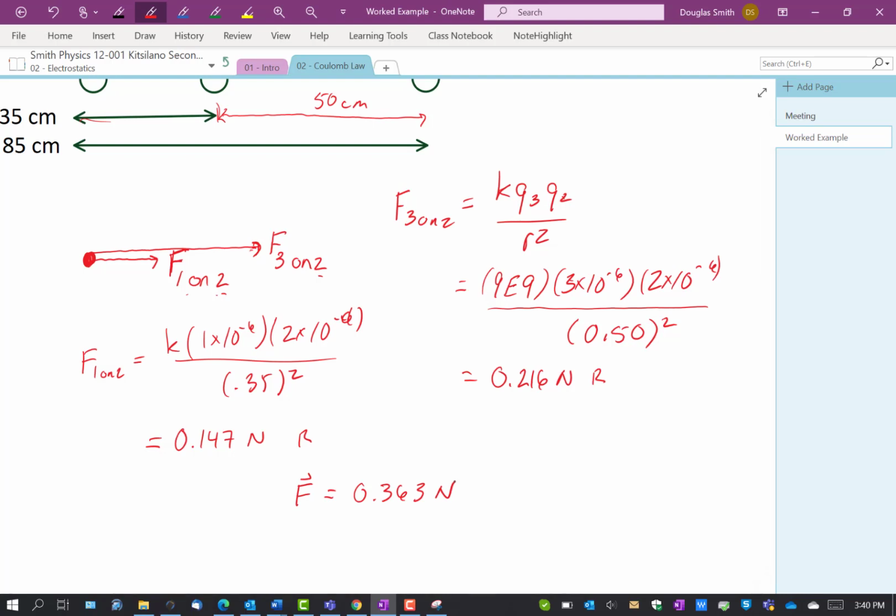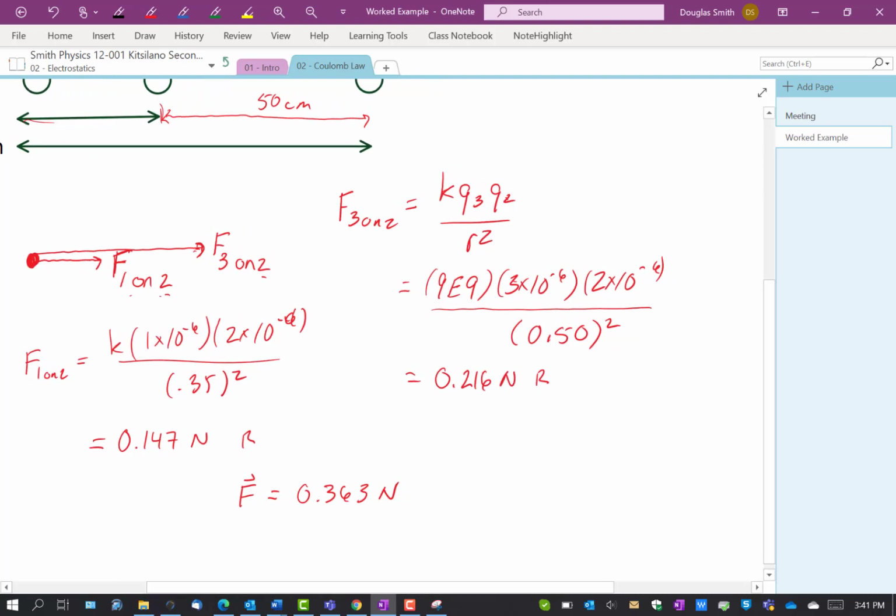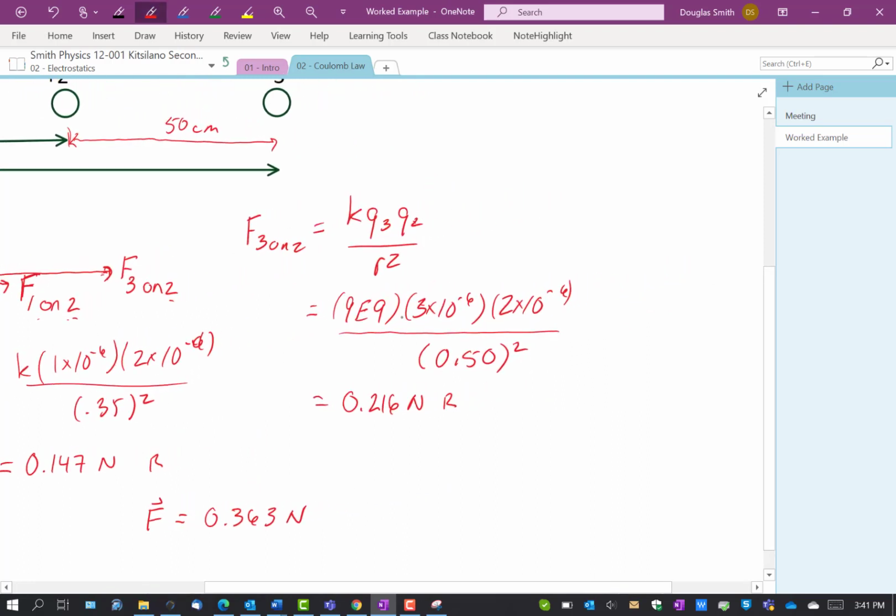I don't think there's anything else to say about this problem. Oh, the other thing is, once you get used to these numbers, if you're good with working with exponents in your head, you'll know right away. You don't have to keep punching in 10 to the negative 6, 10 to the negative 6.